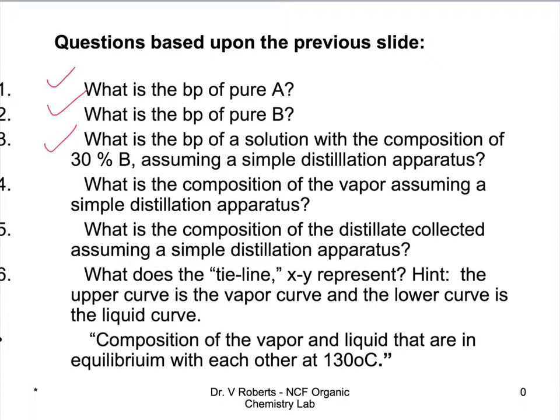And if we extend a horizontal line from the liquid part of the vapor curve to the vapor part of the curve, and then we draw a vertical line down to the x-axis, it gets enriched in component A to 70% A and 30% B.